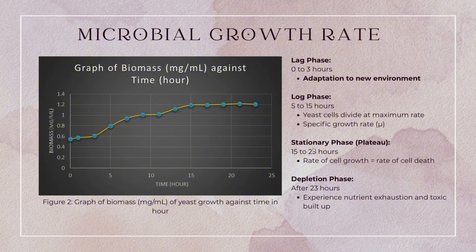The third phase is known as the stationary phase, a plateau from 15 hours to 23 hours. At this stage, the rate of cell growth equals the rate of cell death. And lastly, the yeast undergoes a depletion phase after 23 hours, because the yeast is experiencing nutrient exhaustion and toxic buildup.